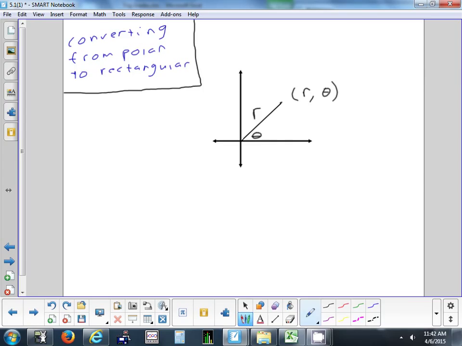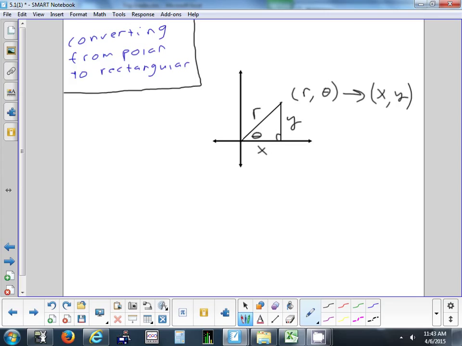Yeah, a triangle. I'm going to make a triangle just by adding in a third side. What would be a good name for this bottom side? Think about what axis it's on. It's on x. And the height? Y. So our goal is to turn r theta into x y. That's the goal.